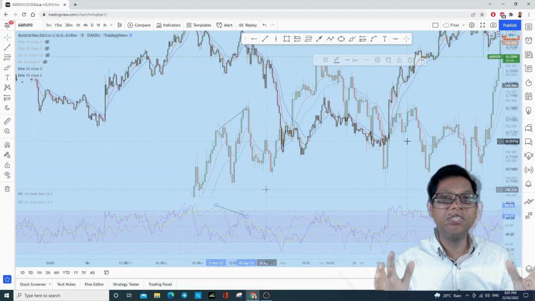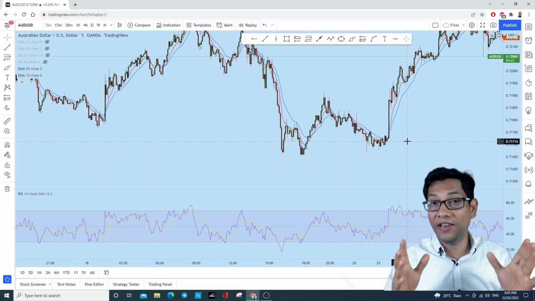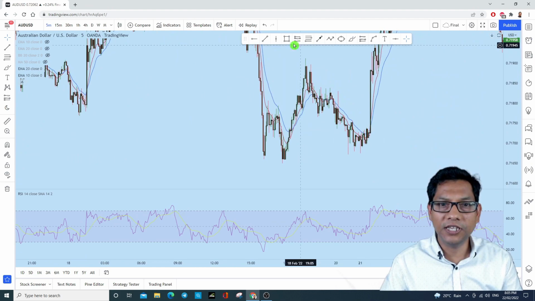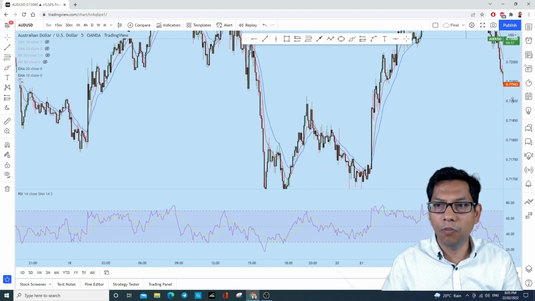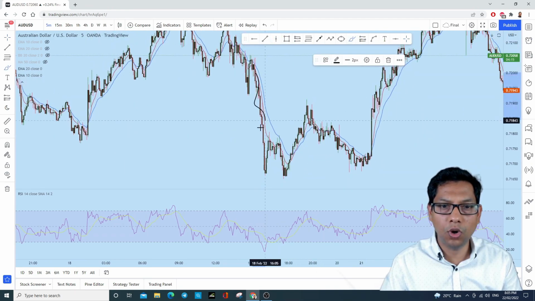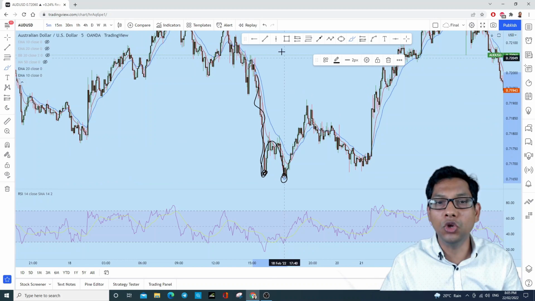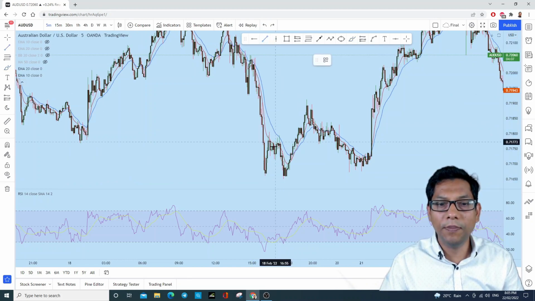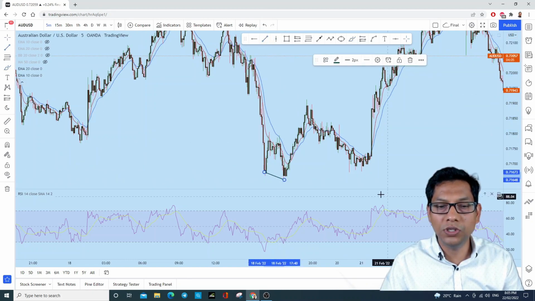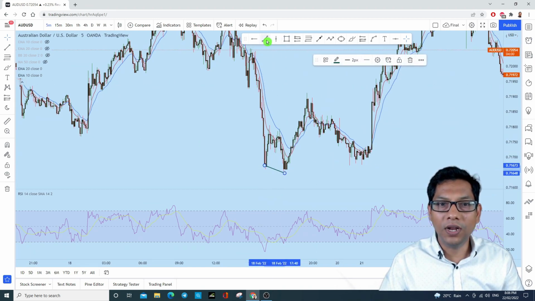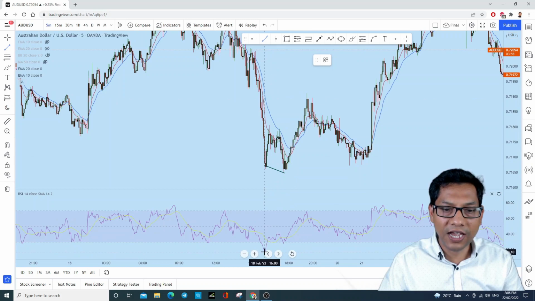Let me show you this example on the Aussie dollar on the 5 minute chart. Look at this here, there was a big move to the downside. The price came here and then went up for a retracement and came down again, creating a new lower low. Let me draw this lower low. We see a lower low in the chart, and then look at the same point on the RSI indicator.